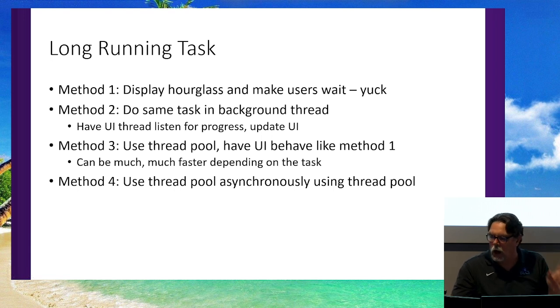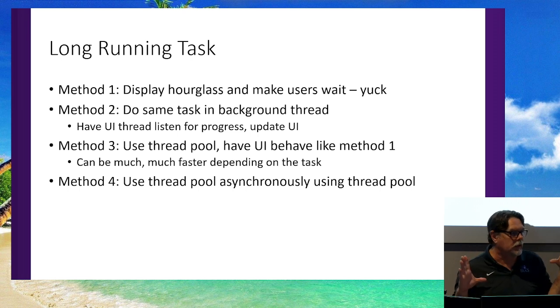Okay, so a quick example. I've got a few different things that I want to show you how to do. First one, we're just going to create some long-running process. I'm just going to write a program that counts to 10,000, okay? The first way we're going to do that is we're just going to click on the button. We're going to change the cursor to an hourglass and let it sit there and spin while we're working.